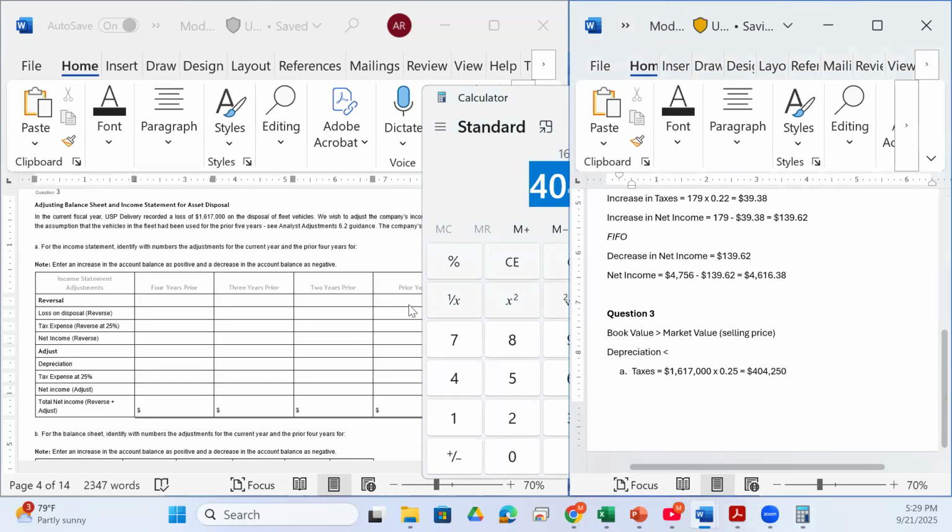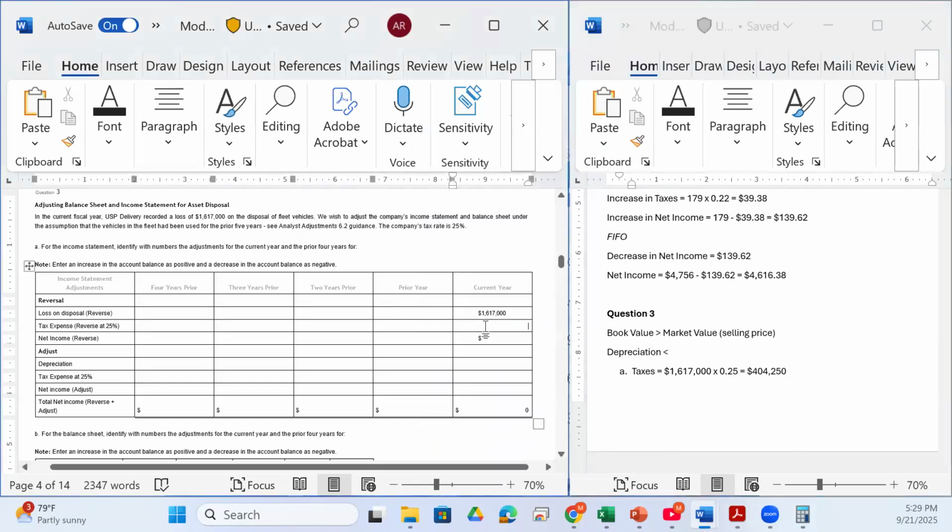Now I reversed the loss into a gain. Because it is a gain, I have to pay taxes, so that's why I have to also increase the amount of taxes. So this is a positive, this is a positive.